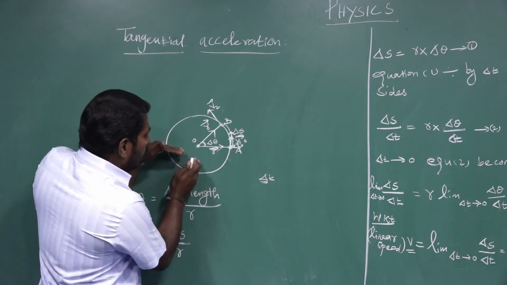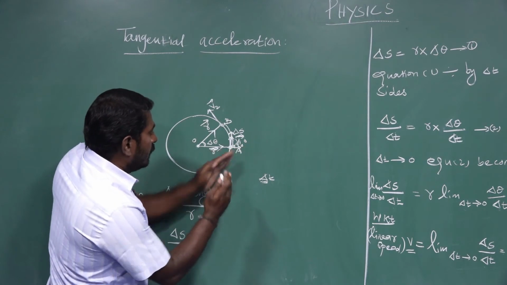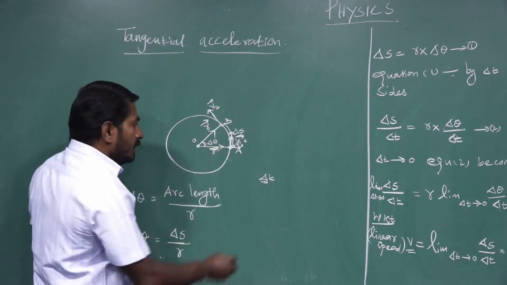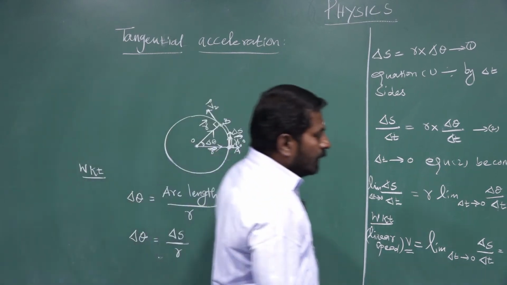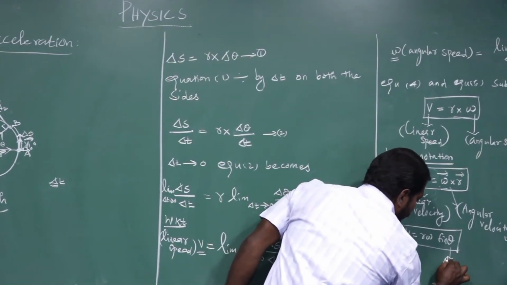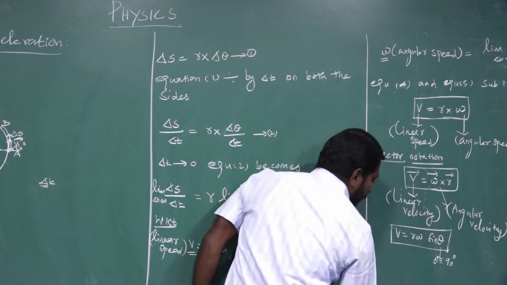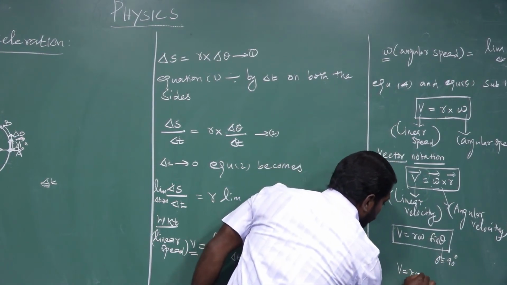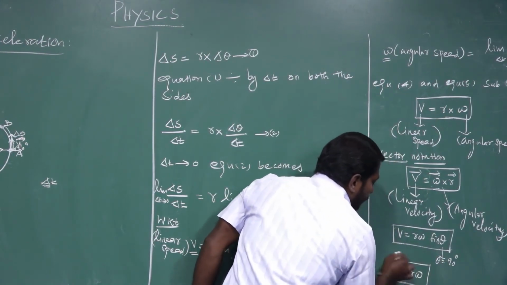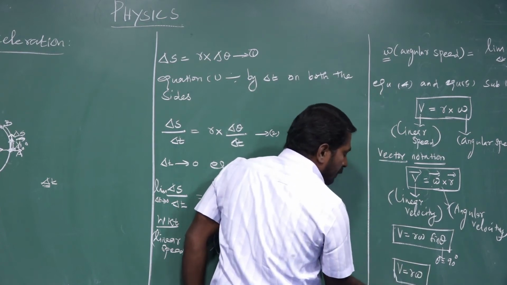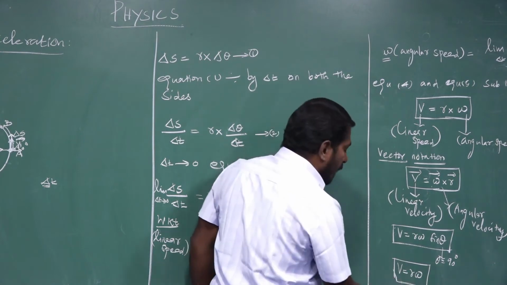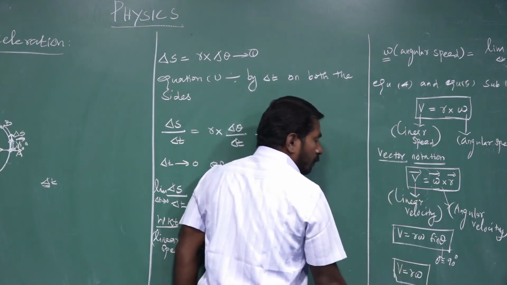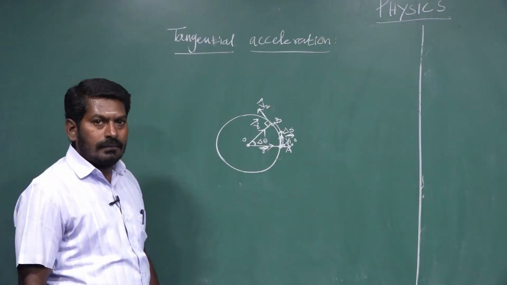So the angle between position vector or radius vector and the velocity vector at every point on the circular path is always a right angle. So theta value is 90. So v is equal to r omega, the magnitude relation connecting linear speed and angular speed in a circular motion.